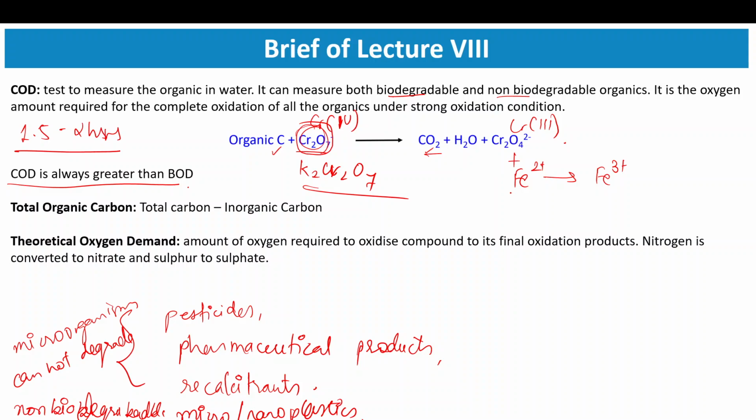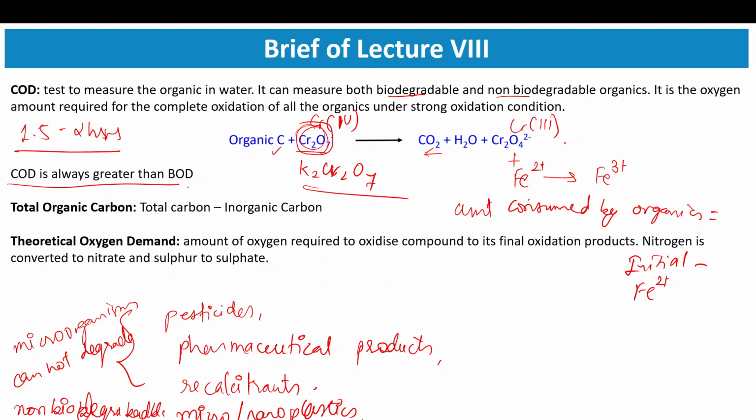This redox reaction will occur, and based on the titration amount, because you know what you had earlier added, you can know how much is consumed by the ferrous, right? So the amount consumed by organics is equal to the initial minus the amount consumed by Fe2+, right?